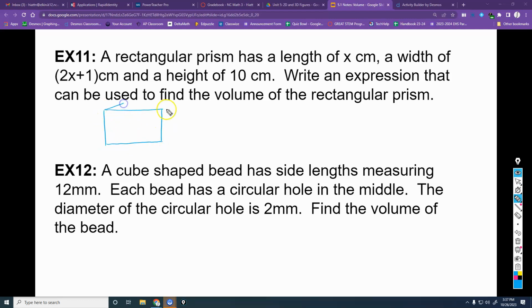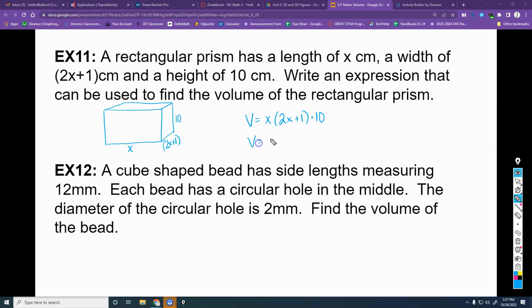And in this box, we have a length of x, a width of 2x plus 1, and a height of 10. So if we want to know the volume, you're not going to get a number answer for this. We would do x times 2x plus 1 times 10.